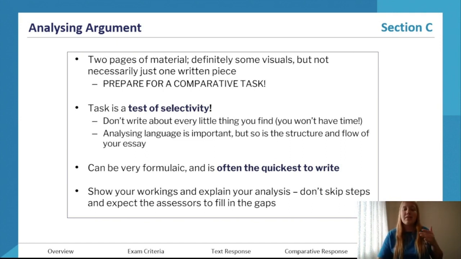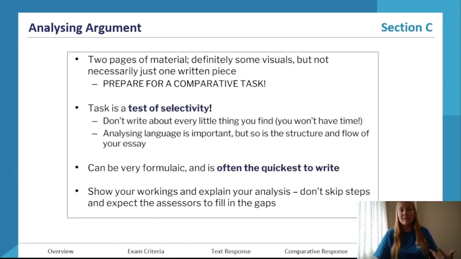Prepare for a comparative task in case it is. It's unlikely, it hasn't happened in years, but it could be. You might not have an entire separate comparative article, but you could get something like comments presenting the opposite point of view, having a completely opposite contention, and you're going to have to analyze it as well.